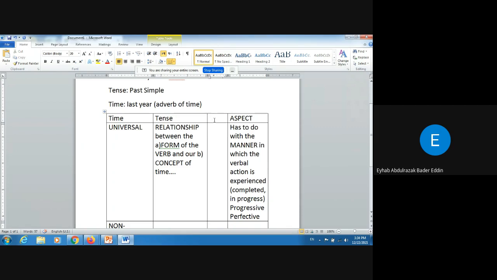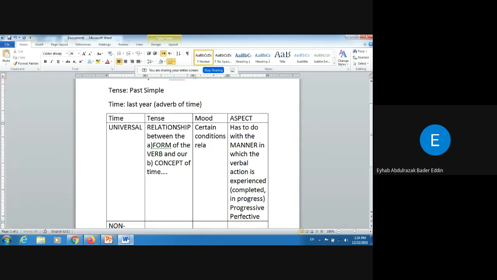We also have another thing: mood. Do you know mood? Mood is not mazaj in this context. When we talk about grammar, it is not mazaj. But it has to do with talking about certain conditions related to the verbal action. Like, for example, do we have obligation?